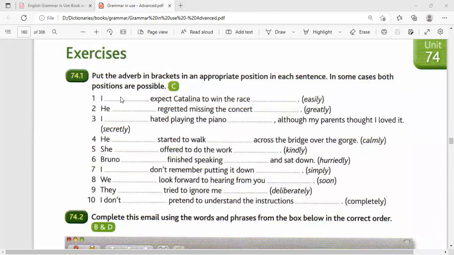Next. Okay, I don't remember putting it down, simply. In number 7, we're going to use simply in the beginning. So we're going to say here, I simply don't remember putting it down. Okay?